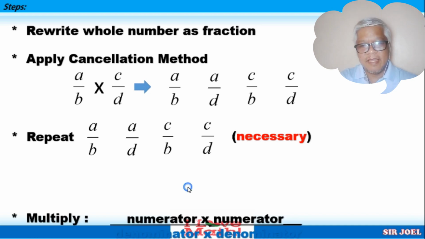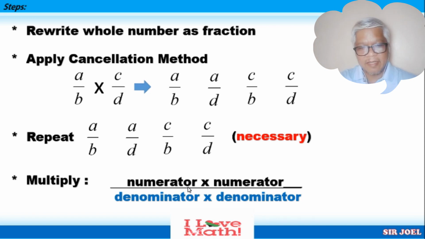Okay? And then lastly, multiply na. Alin nga ang i-multiply? Yung numerator times numerator over denominator times denominator. So, again, tandaan lang ang mga steps na inyong nakikita sa screen upang sa gayon, hindi kayo maligaw kung paano mag-solve ng whole number times fraction or fraction times a whole number. Ayos?